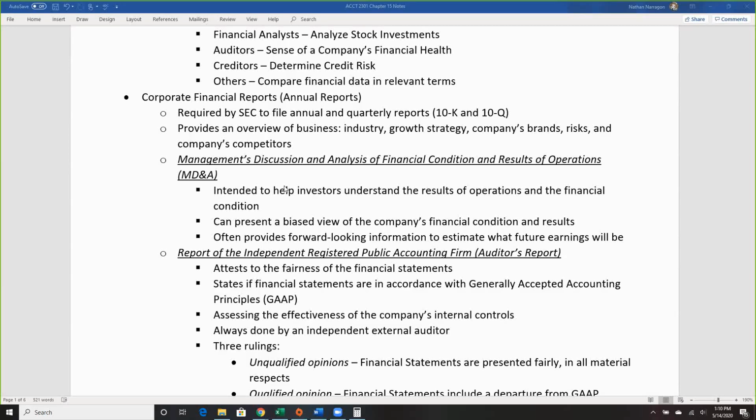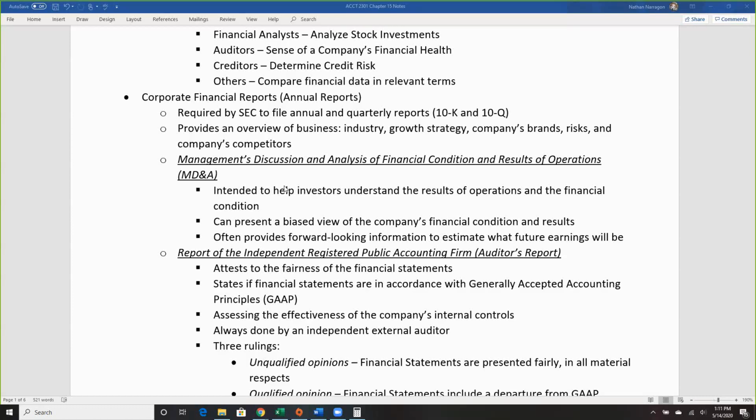This document is usually there to help investors understand what is going on, but it looks at the point of view of the managers. So it can present quite a bit of bias on the financial condition and results. And because it's a management document, it often provides a forward-looking view into the future, so investors can estimate what future earnings will be.